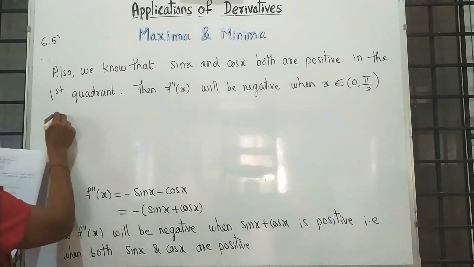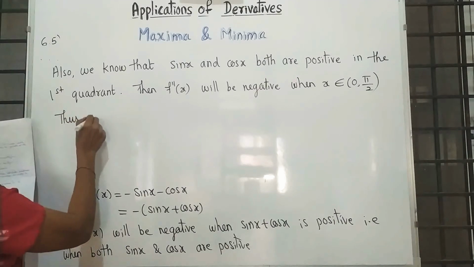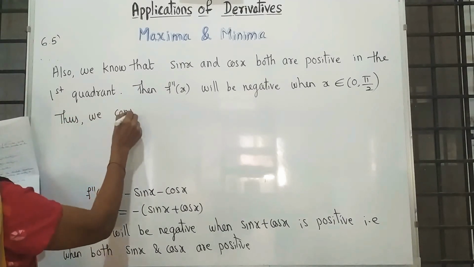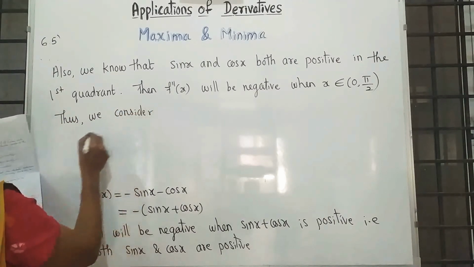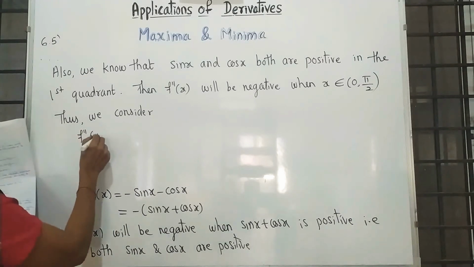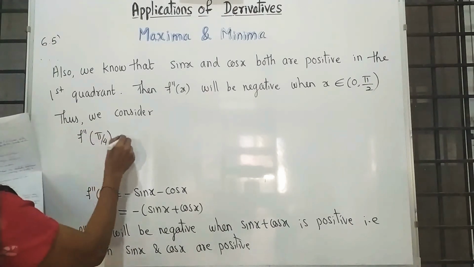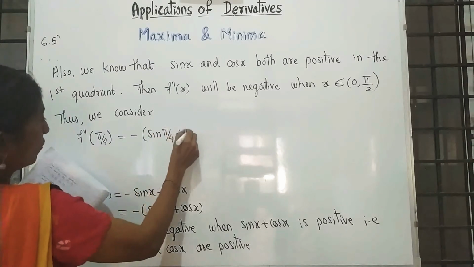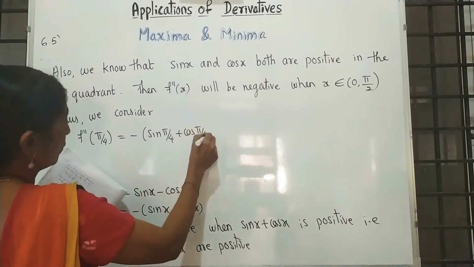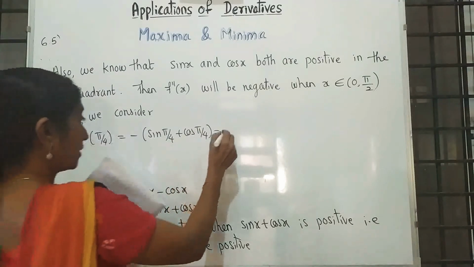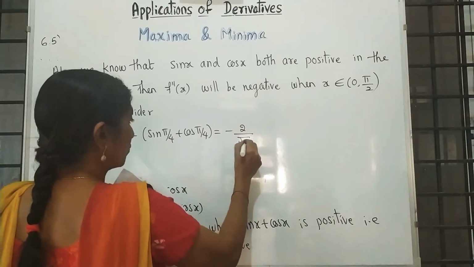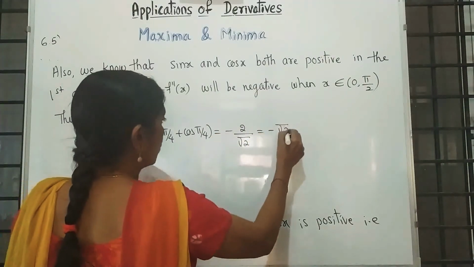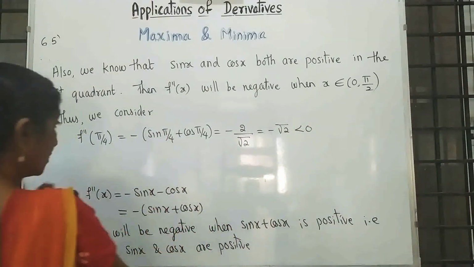Thus we consider f double dash of pi by 4, that is minus sin of pi by 4 plus cos of pi by 4, that is minus 2 upon root 2, that is equal to minus root 2, less than 0.